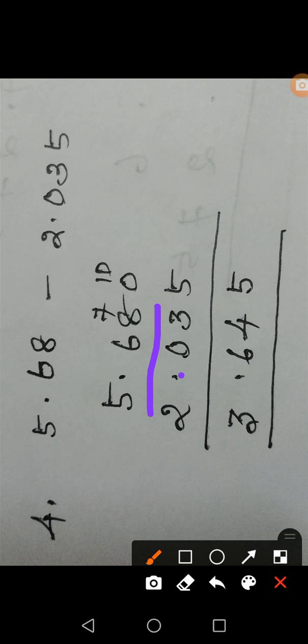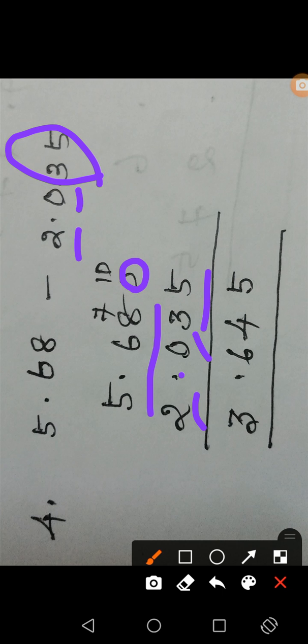Then before the point, 2, after the point, 0, and the remaining numbers 3, 5. So 5 has nothing above it, so for convenience we write 0, correct?